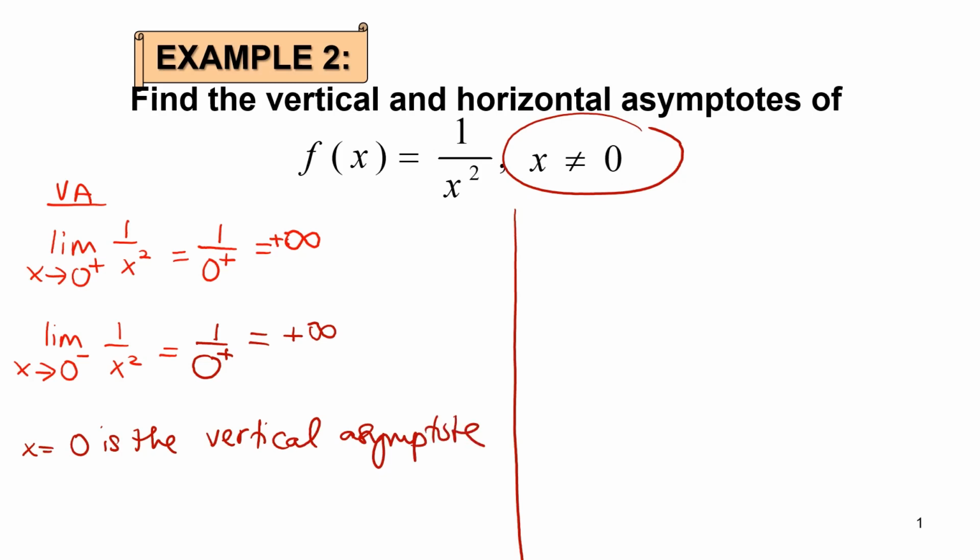Next, how do we find the horizontal asymptote? To find the horizontal asymptote, we always test the limit as x tends to positive infinity and the limit as x tends to negative infinity, and the function given is 1 over x squared.